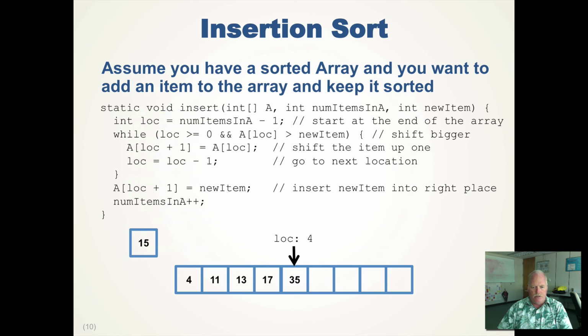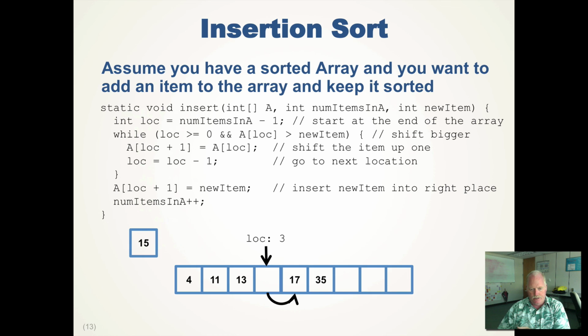Here's an example of inserting 15 into this already sorted array. We start loc at the end. Loc is 4. Is 35 greater than 15? Yes. So we copy 35 over by 1, and then we decrement loc. Now, is 17 greater than 15? Yes.